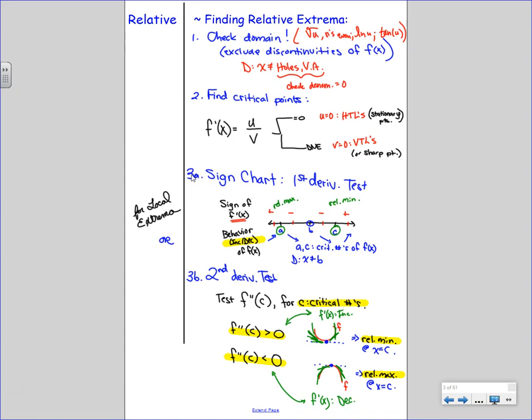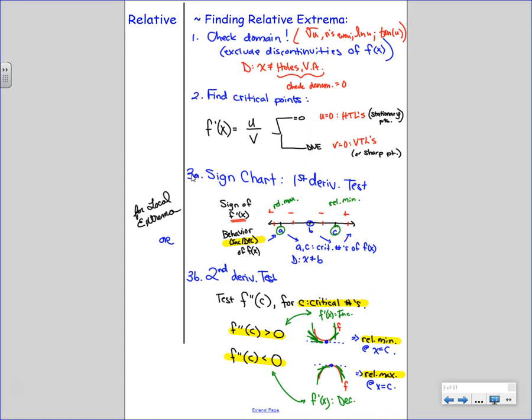In describing a sign chart and putting it into words, they would say something like, f changes from positive to negative, or f prime changes from increasing to decreasing. At what point? You have to say at what points. But also, did you hear? That was messed up. It was supposed to be switched. f prime changes signs. f changes from increasing to decreasing.